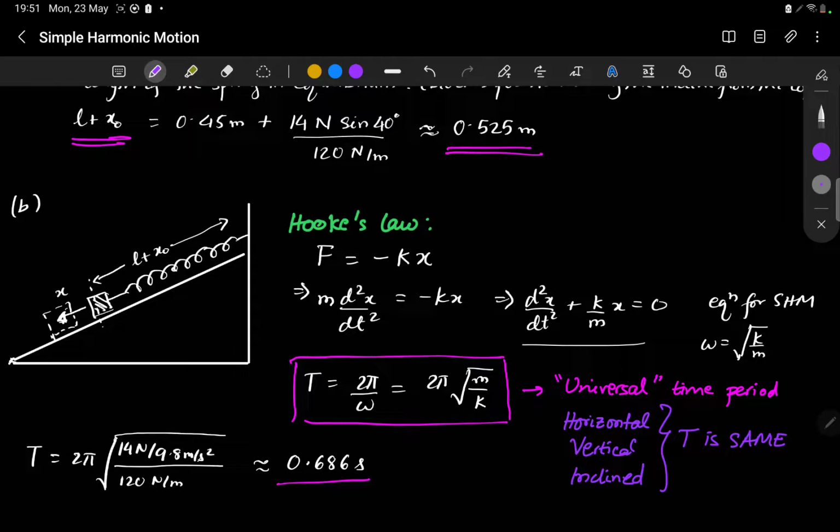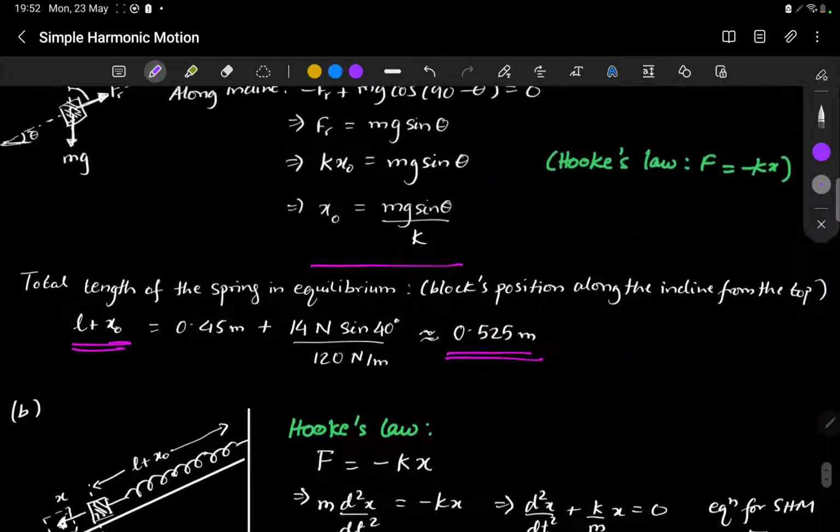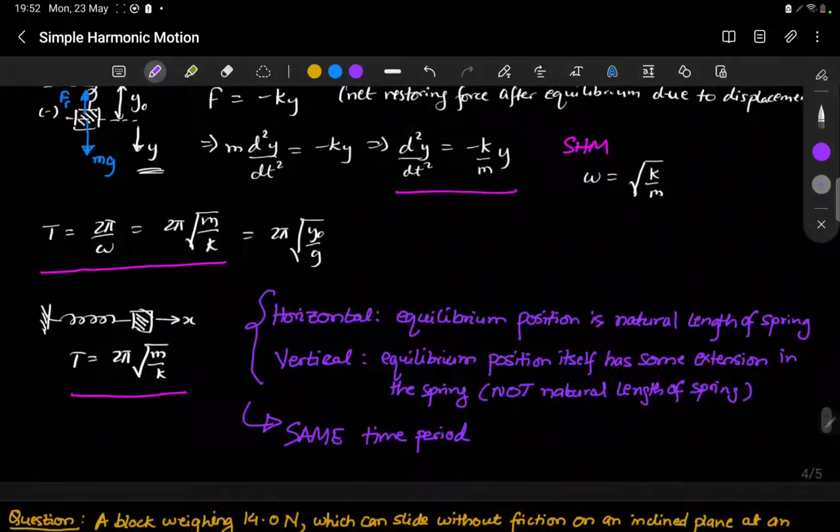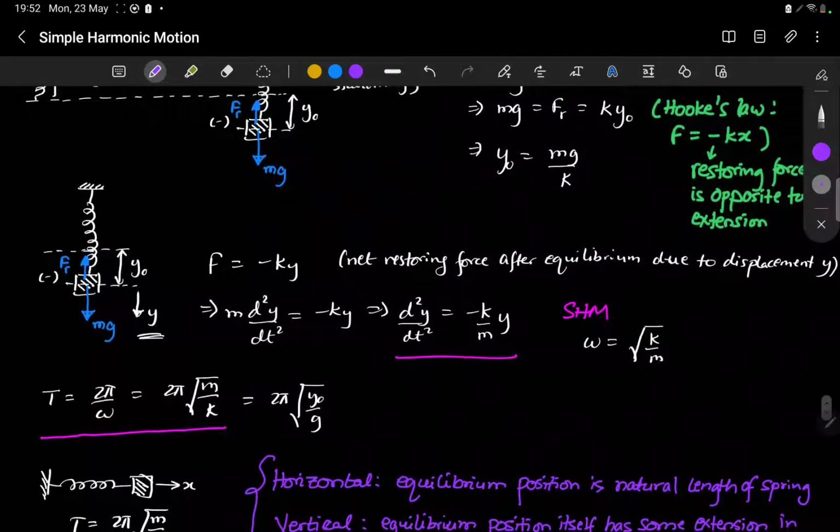So what changes in all these three cases? Well, the equilibrium position changes in all the three cases. In the horizontal case, the equilibrium position is the same as the natural length of the spring. In the vertical situation, we saw it in one of the previous videos. I can show it over here if I scroll it upwards.